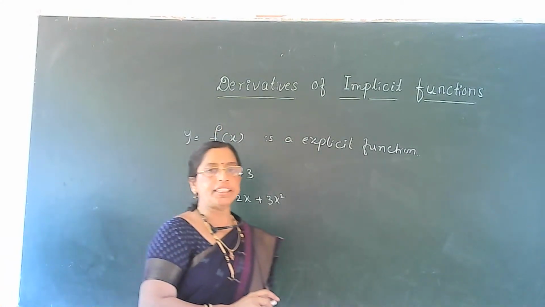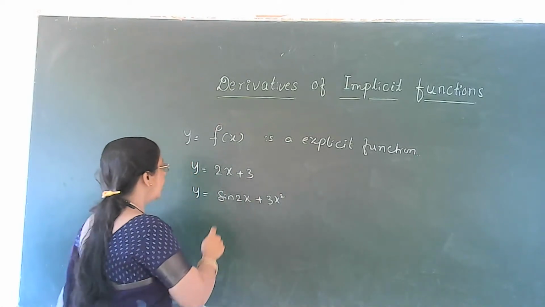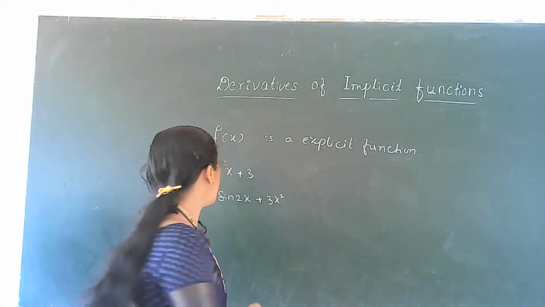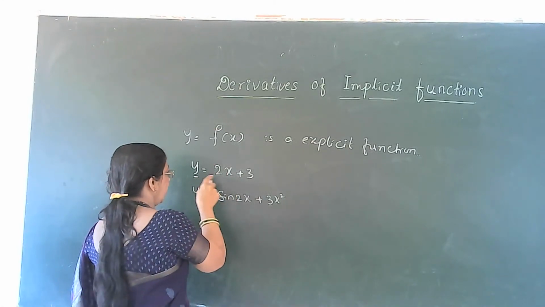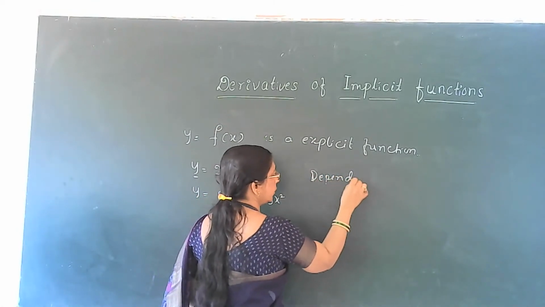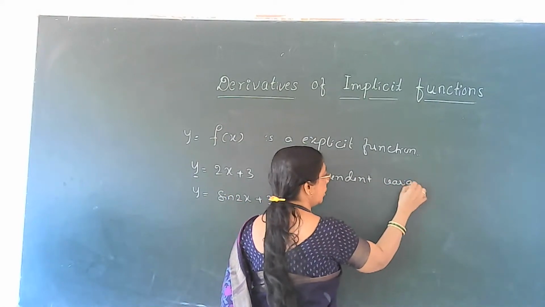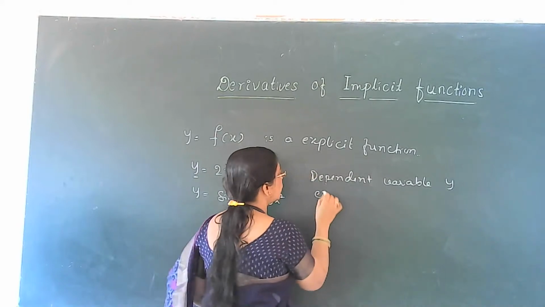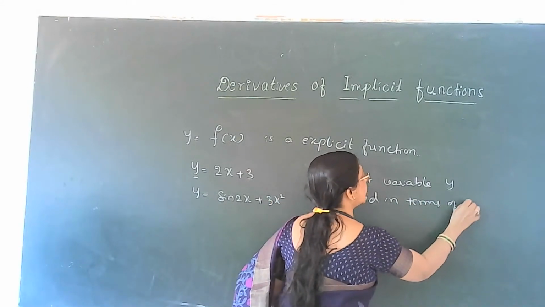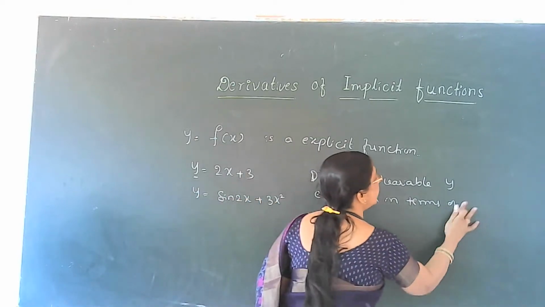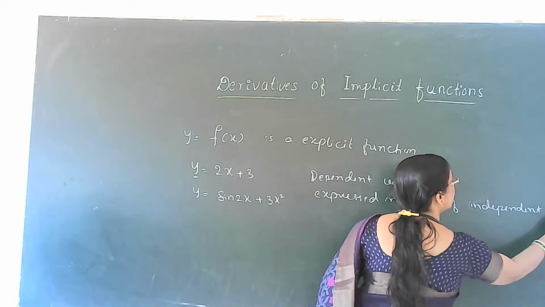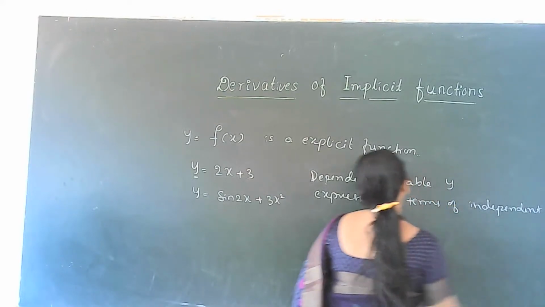Now we have to find the derivative of implicit functions. In explicit functions, the dependent variable y is expressed in terms of the independent variable x.